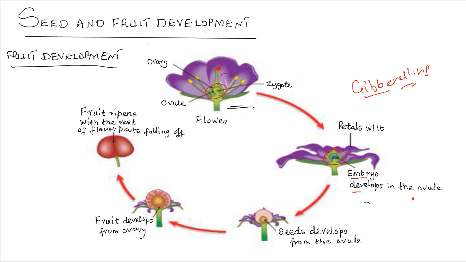Now, as the ovary is developing into the fruit, the other parts of the plants, like the petals, wilt because they've done their function. They've played their role, which is to attract pollinating agents.